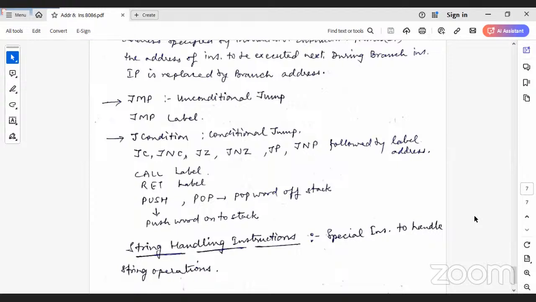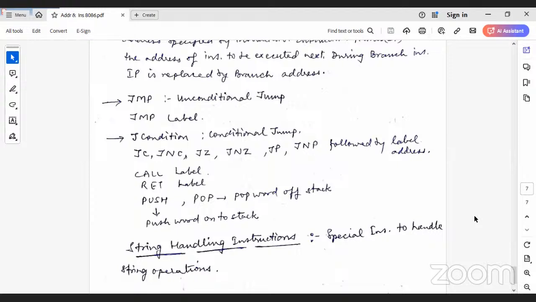Now similar to your conditional jump, you will have call instructions and return instructions. These are also followed by the label. Then apart from call, jump and return, you also have push and pop. So push and pop are the only two instructions which are used with your stack registers.